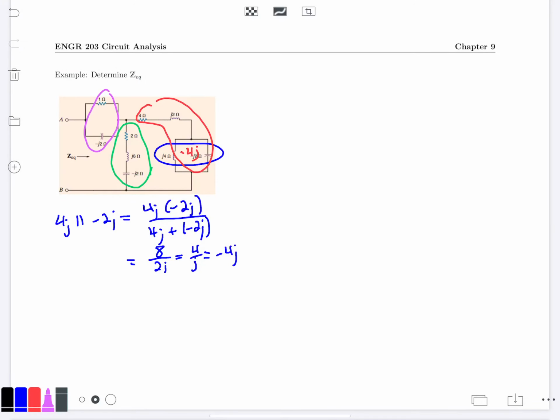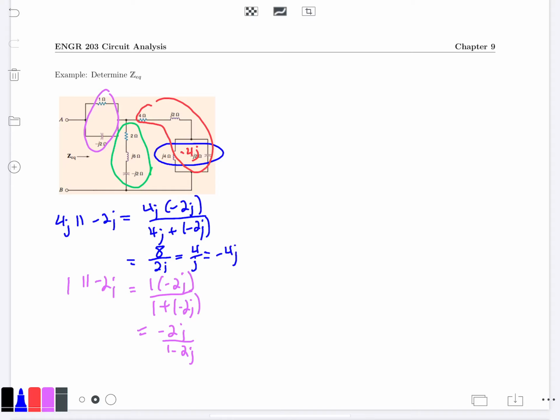So let's see, I have a 1 in parallel with a negative 2J. That's 1 times negative 2J over 1 plus minus 2J. It's going to work out to be a negative 2J over 1 minus 2J. Now I'm not going to try to simplify that just yet. We'll leave it for now. And let's see what we get here.